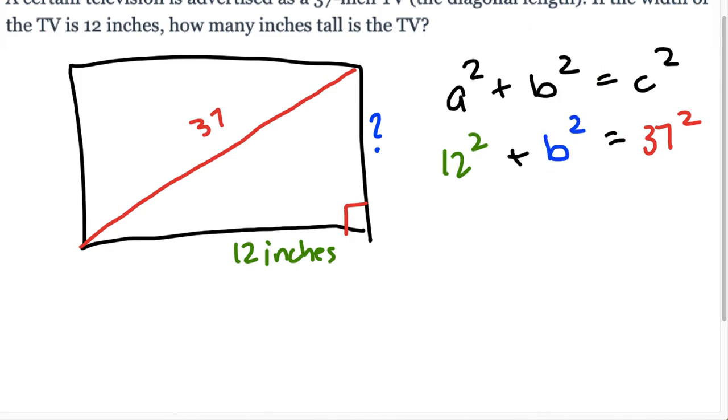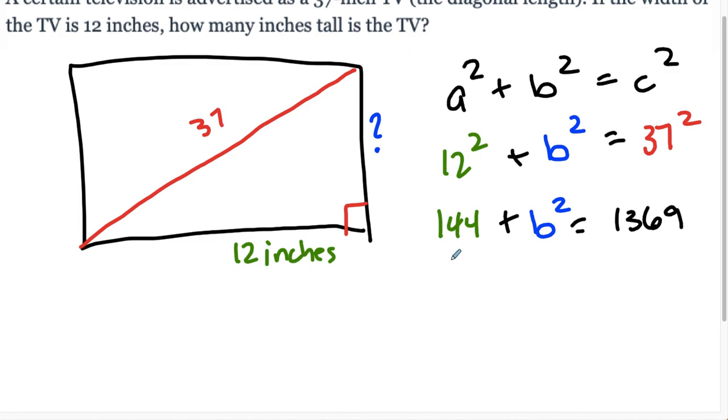Same idea. 12 squared becomes 144. So we have plus b squared, and then equals 37 squared, which ends up being 1,369.